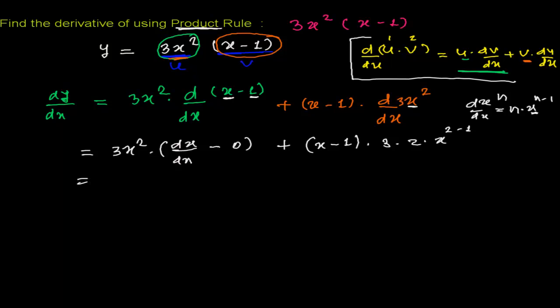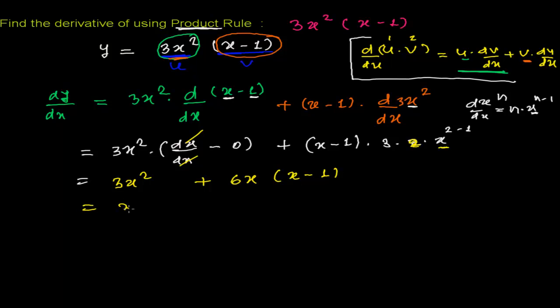Now let's arrange this properly. It is 3x squared, and the 1 minus 0 gives 1, so I don't have to write further, plus 3 times 2, that is 6x, because x to the power 2 minus 1 is simply x, times (x minus 1).